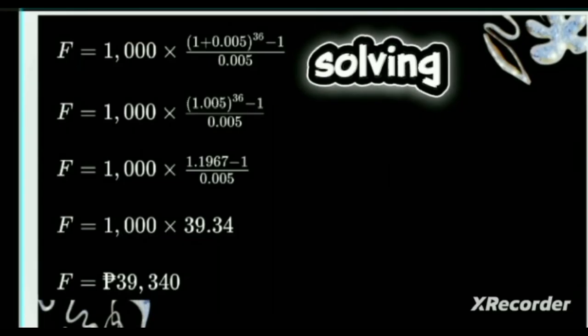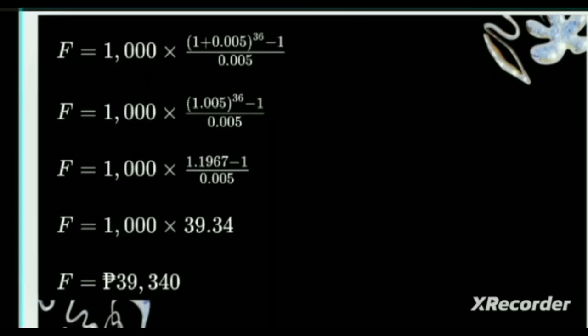After substituting the values and solving, Anna's savings will grow to 39,340. This means her total deposit of 36,000 earned an extra 3,340 interest.